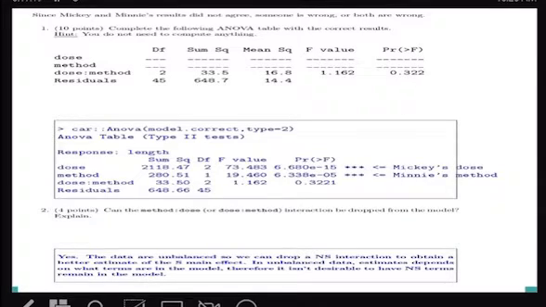You've done that in class, right? Theoretically. But the other reason is to take a look at the p-value associated with it. It's not even significant. And the data are unbalanced, so we can drop the interaction to obtain a better estimate of the main effect.